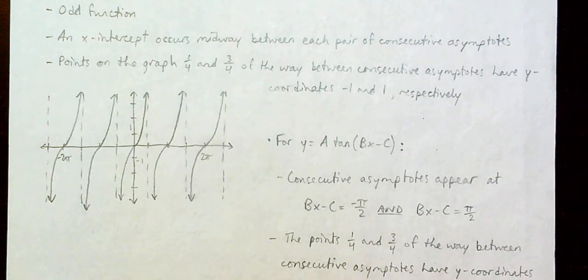Don't worry too much with all the technical transformations we can make. Don't worry about amplitude and period and phase shift so much with the tangent function. Worry about that more for sine and for cosine.